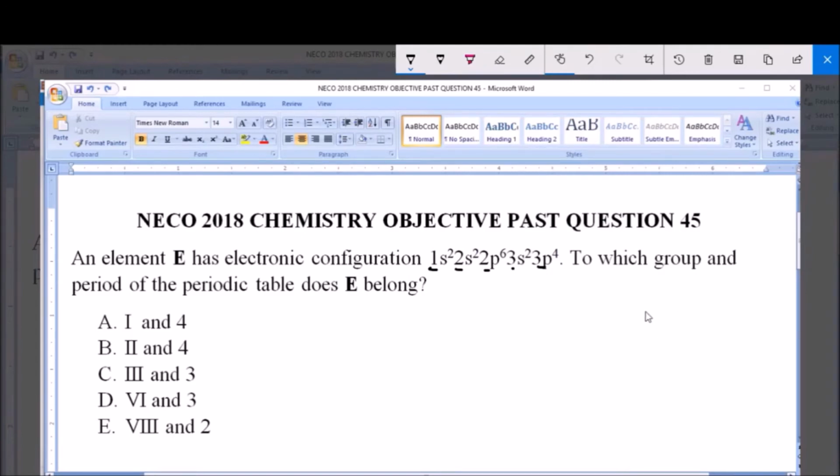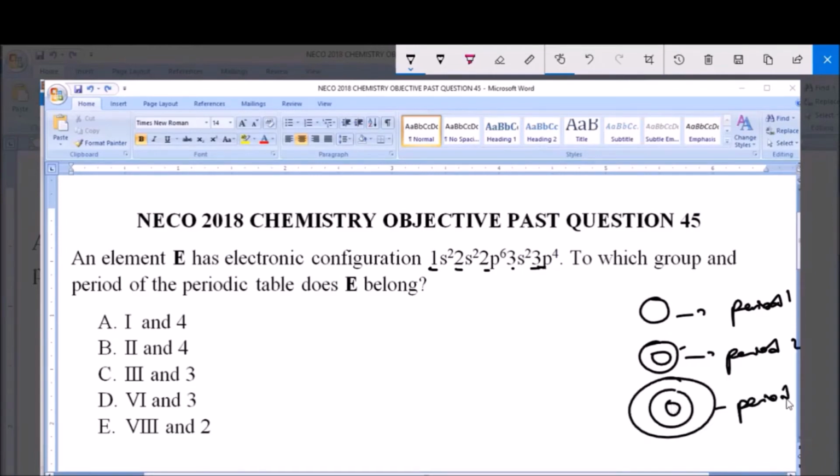What I mean is that if the first shell is the outermost shell, this element belongs to period 1. If the second shell is the outermost shell, it belongs to period 2. But from this electronic configuration, we have 3 here, meaning that the outermost shell is 3. And so therefore, this element belongs to period 3. That is that for the period.